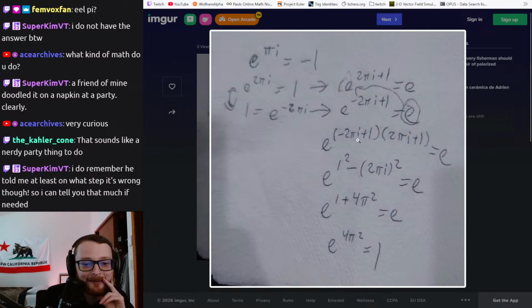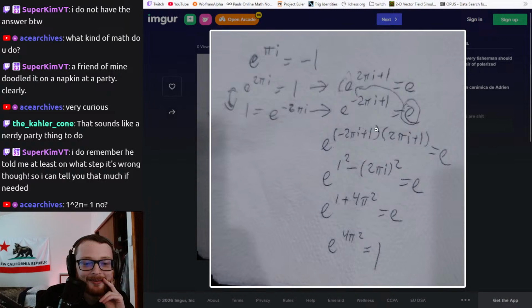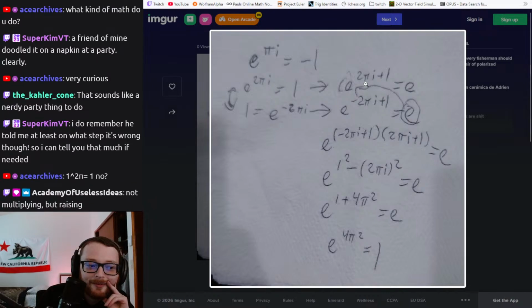I mean, let's see if I can figure it out. Okay, and then we're multiplying each of these equations by each other. Shouldn't this be e squared if we're doing that though? Or no? Yes. Not multiplying, but raising.